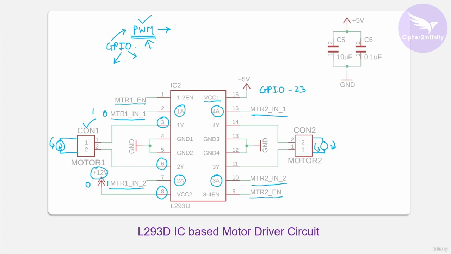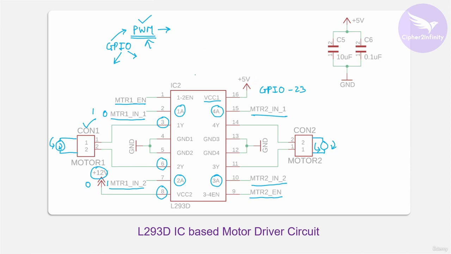I'm going to use any pin which supports the PWM feature. When we discussed the pin configuration of the ATmega328 microcontroller, I told you that there are different pins which support the PWM feature, and you can use any of those pins to drive these pins of this IC. But it's not like you should use only PWM pins of the microcontroller.